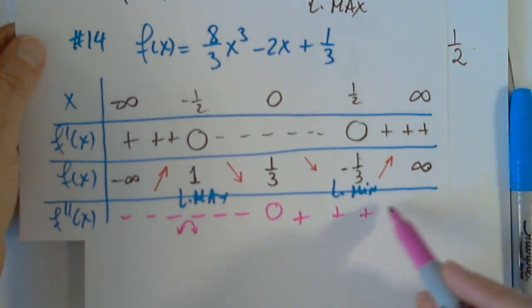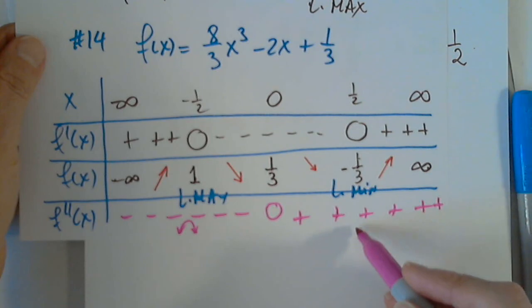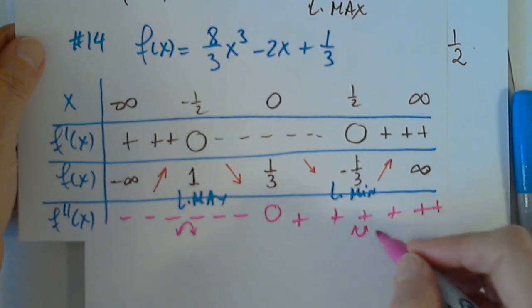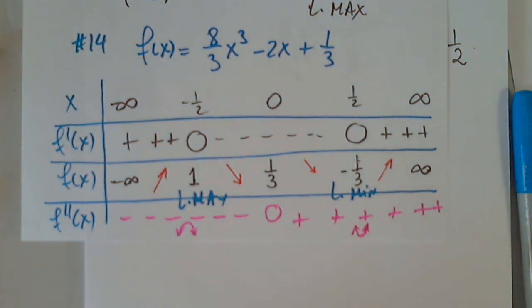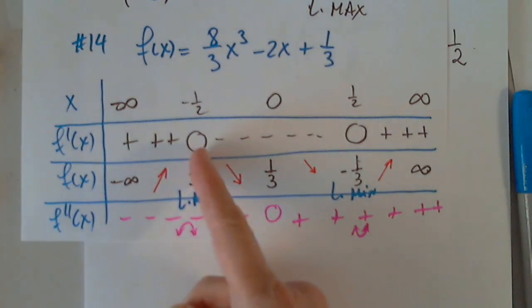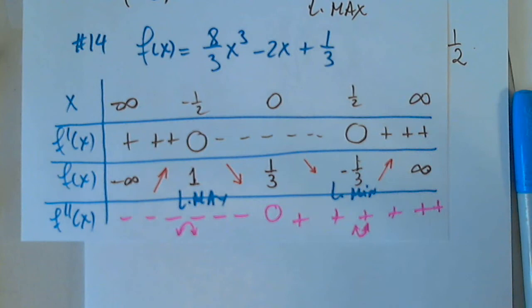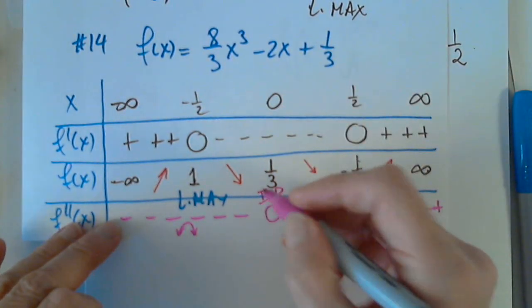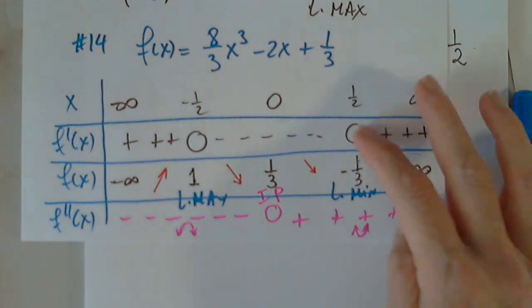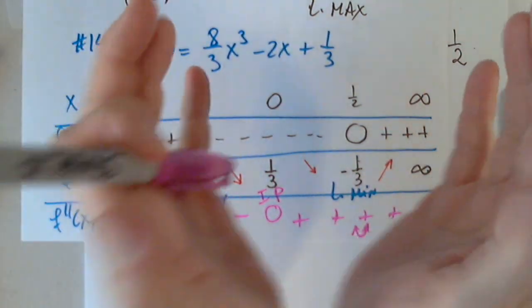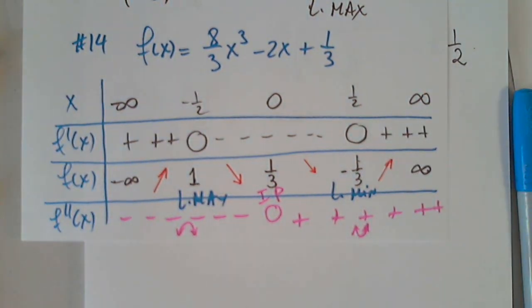Obviously this has to be a local max because the function is opening downward and there is a critical number, very clear. This 0, 1/3 is an inflection point. And this will be a local min. The function opens upward and there is a critical number somewhere in that area.